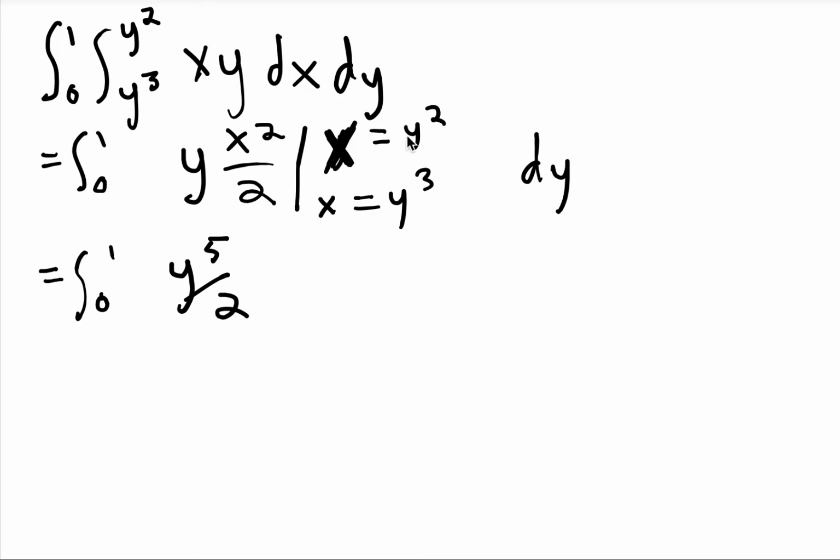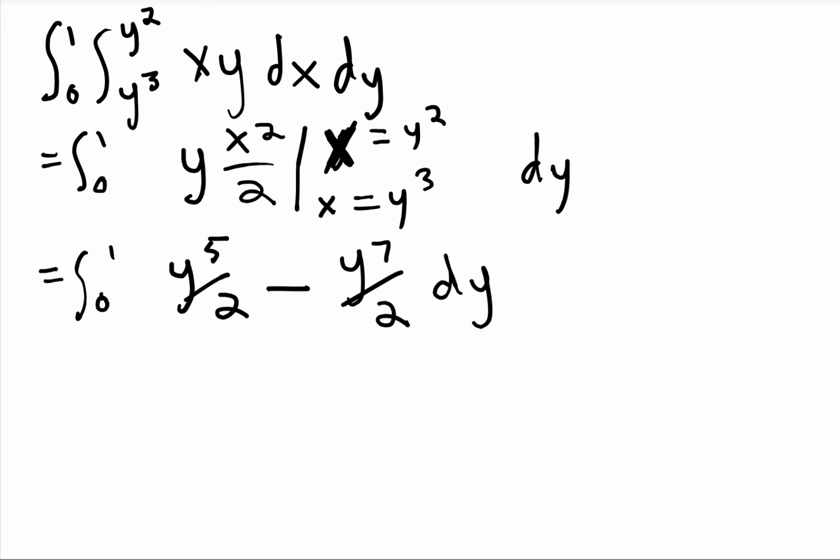When I go to plug in the second term for x, that means we have a cubic that we are then squaring. If you take a power to a power, we are multiplying. So that would really be a y to the 6th power. Multiplied by another y, that means I've got a y to the 7th here.